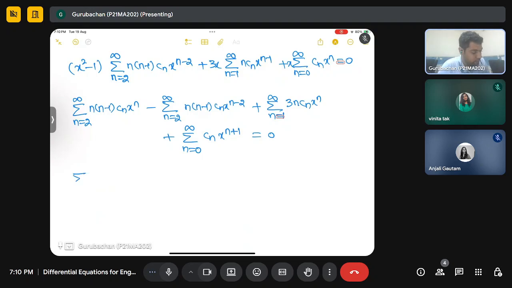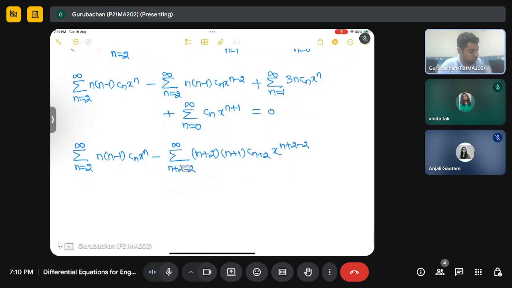So what you will get: the sum n equal to 2 to infinity n into n minus 1 cn x to the power n, minus, since we want to put n plus 2, the sum n equal to 2 to infinity n plus 2 into n plus 1 cn plus 2 x to the power n plus 2 minus 2.